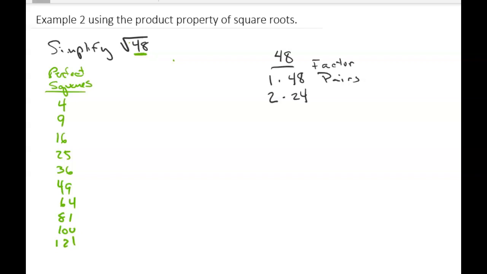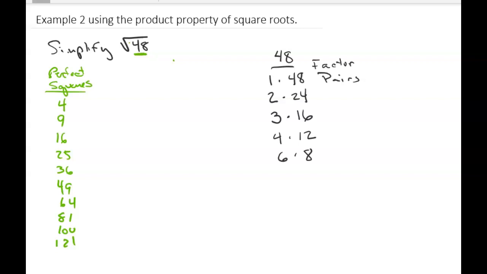And then I'll check if 3 is a factor, and I can use my calculator, and sure enough, 3 goes into 48 16 times. 4 goes into 48 12 times. 5 doesn't. 6 times 8 is 48.